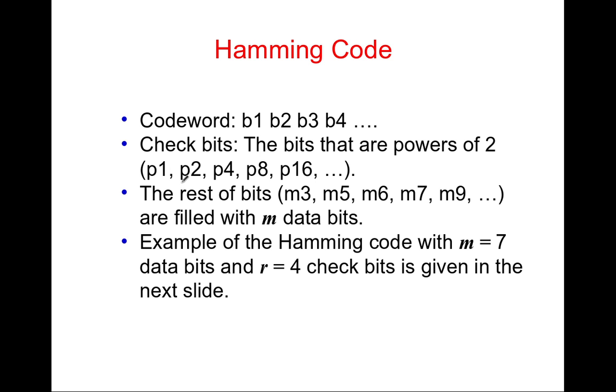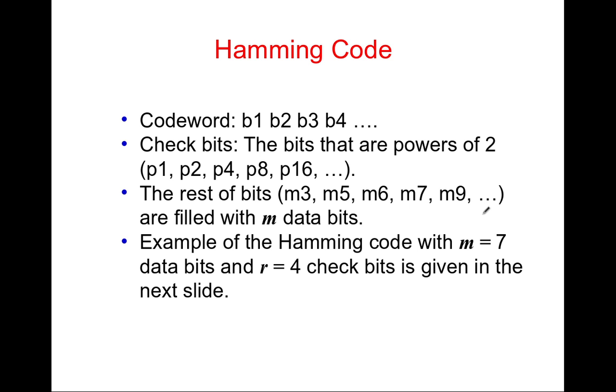That's why these are the bit positions where the check bits, or the parity bits, we can say, will be positioned. And the rest of the bits, that is M3, M5, M6, M7, M9, etc., will be filled with data bits.